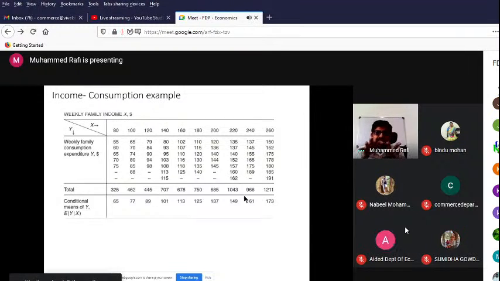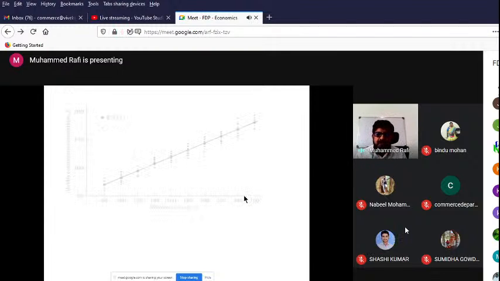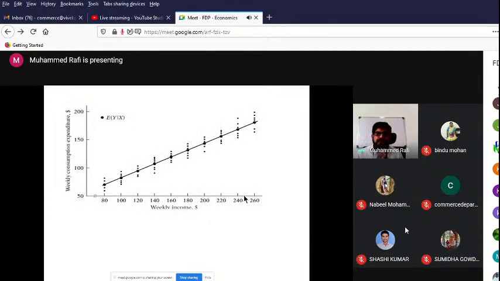Now, you can see that x is the independent variable, the family income, and y is the dependent variable. There are 10 different groups with a particular level of income and their consumption. If you plot the relationship between income and consumption, you get a positive upward sloping curve.